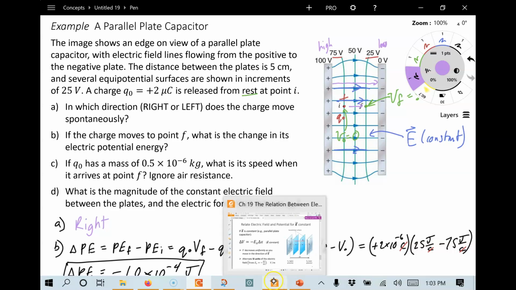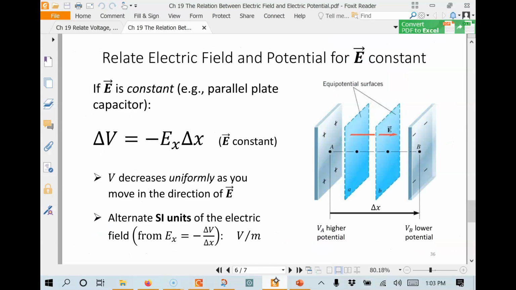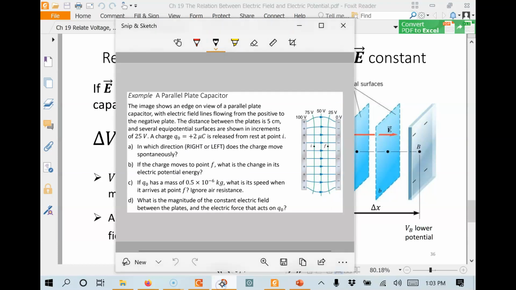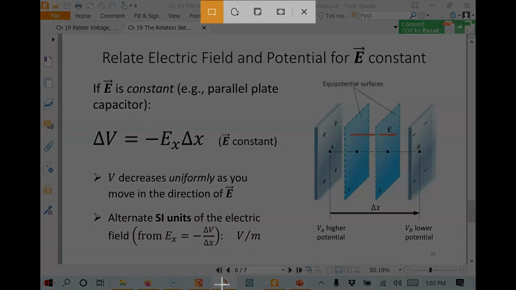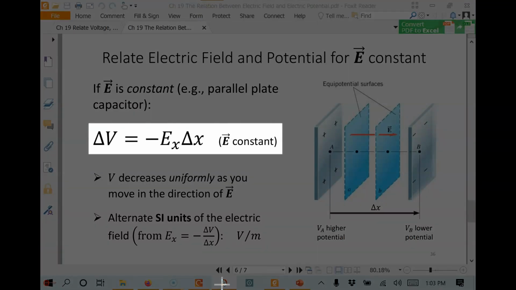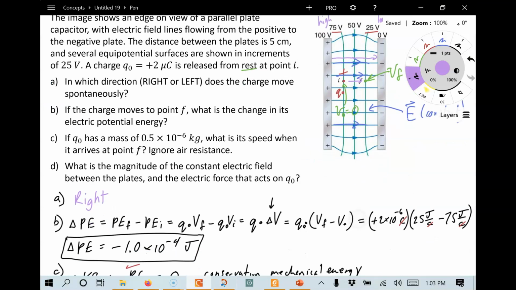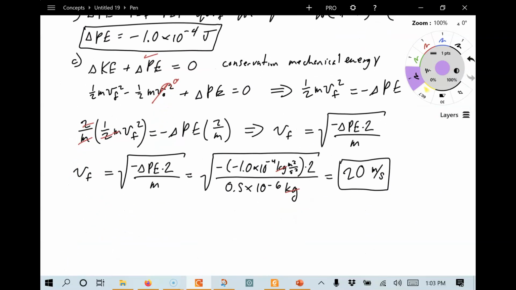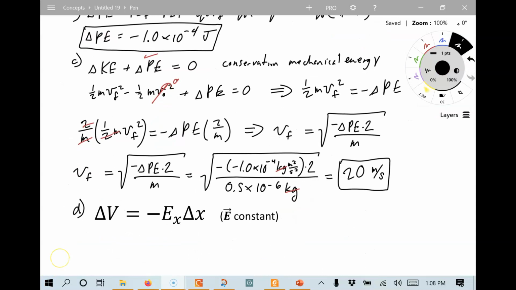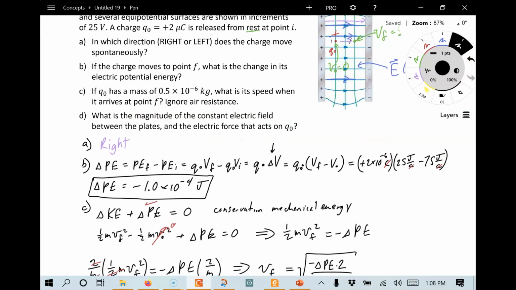Now there's a formula when the electric field is constant that allows us to relate the change in delta V going from high to low. It's equal to negative times the constant electric field times the distance that you move. So we can go ahead and use this little equation here for part D. And let's just go back and read part D again real quick.